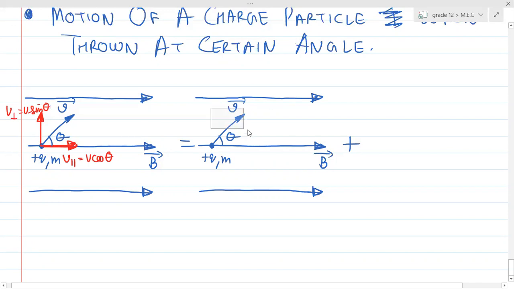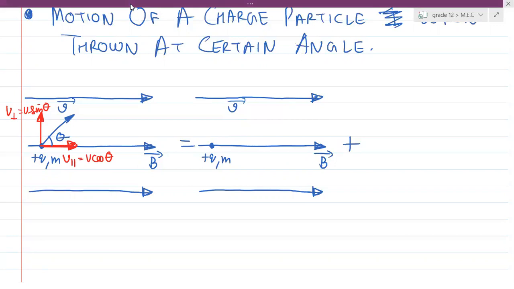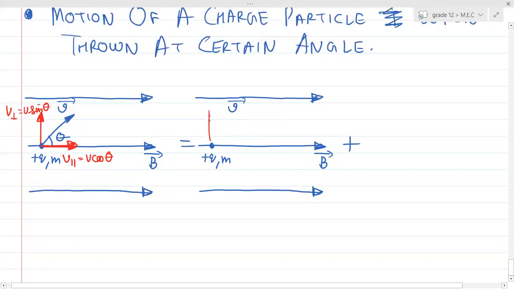Yes, sir. So what will I do? I'll just delete all this stuff. I'll make the question into two different parts. Can you see this V perpendicular over here? This is nothing but your V sin theta.